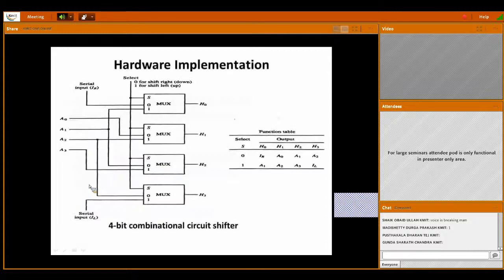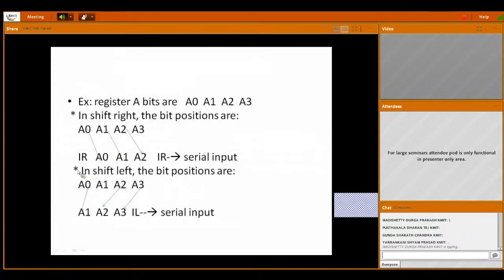Right? Now, see the truth table. From the first multiplexer, you are getting this output. For the second multiplexer, this is the output you are getting. From the third, this is the output you are getting, and from the last one, you are getting S3 as output. What are the inputs to be given? So each is to be given the selection lines, right? S is 0 or 1. To get this H0 as output, what are the 2 inputs to be given?